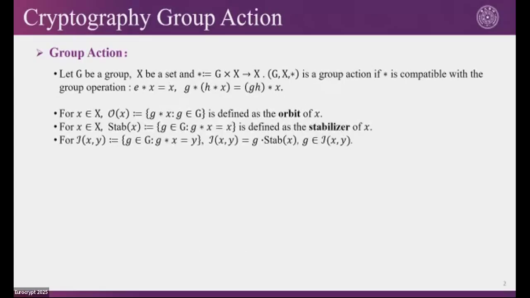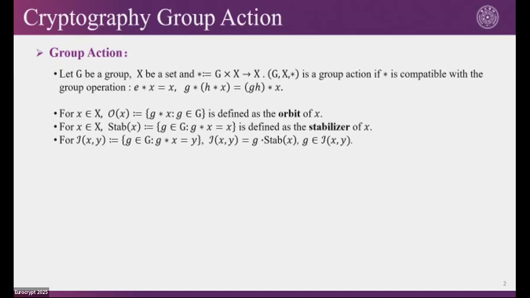Let's review the group action. Let G mean group, X mean set, and star will map from G times X to X. Such a triple is a group action if star is compatible with the group operation. And we need some notations.